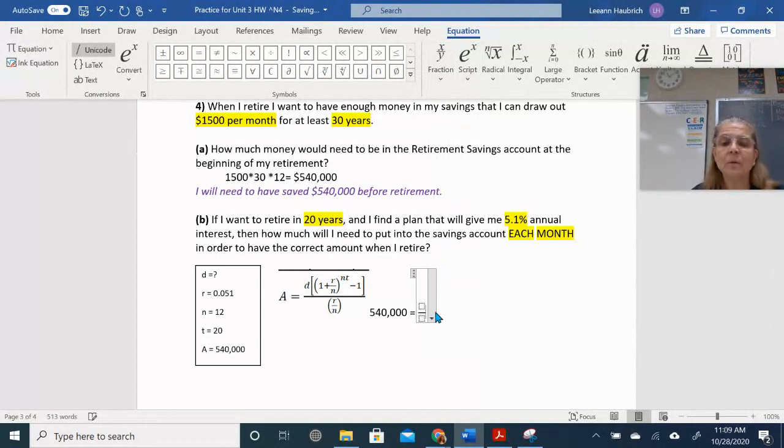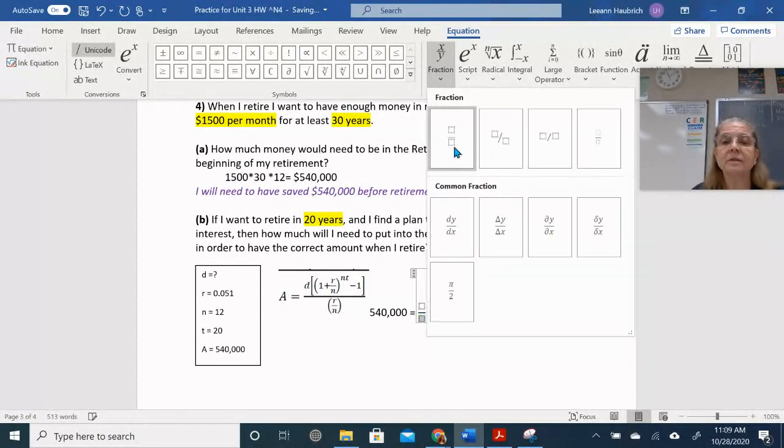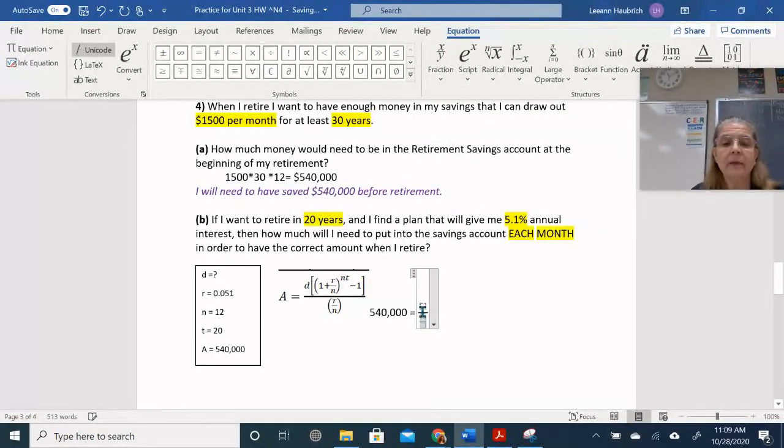It's a lot of thinking when doing these. It really is. It'll probably be easier for me to do the bottom on this. I'm going to do the bottom first. And the interest rate is 0.051. N, the number of times, is 12. So I was able to do that quite easily.